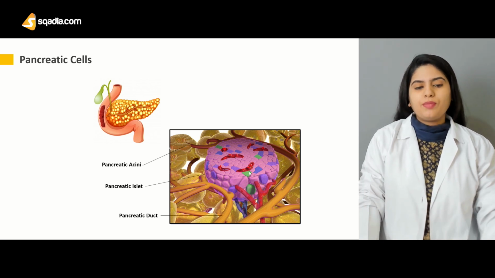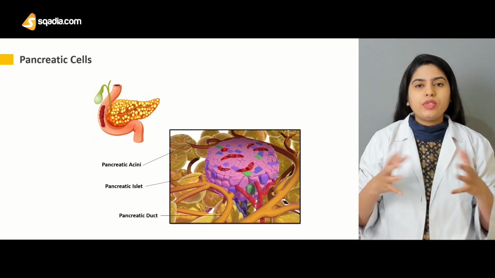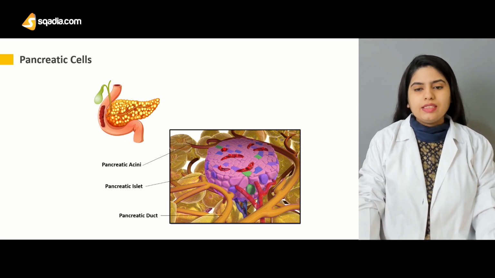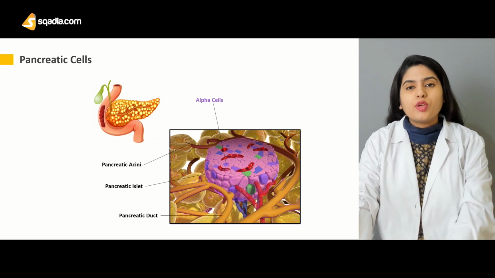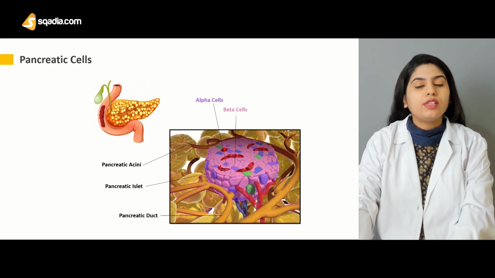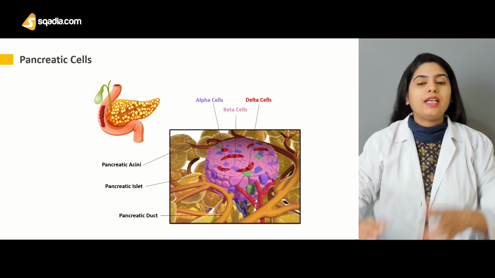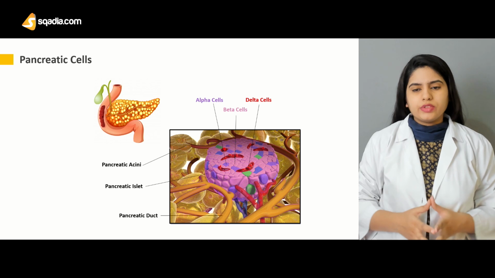Now, in these pancreatic islets or islets of Langerhans, there are three types of cells. There are some alpha cells that are responsible for the release of glucagon. There are some beta cells that are actually responsible for the release of insulin, and there are some delta cells that also secrete hormones.